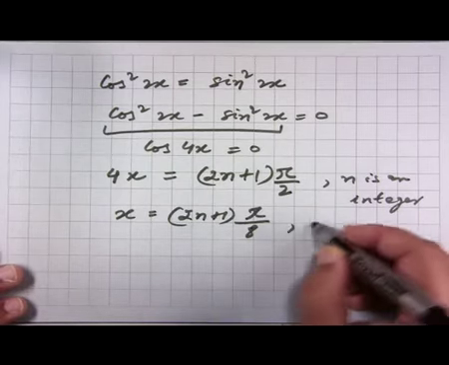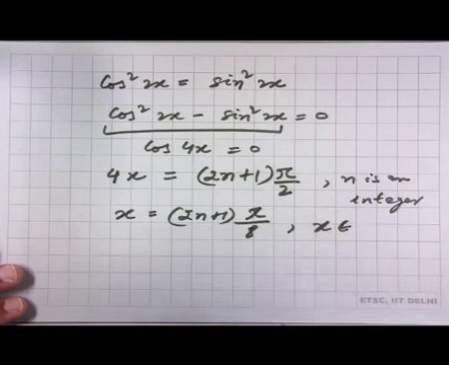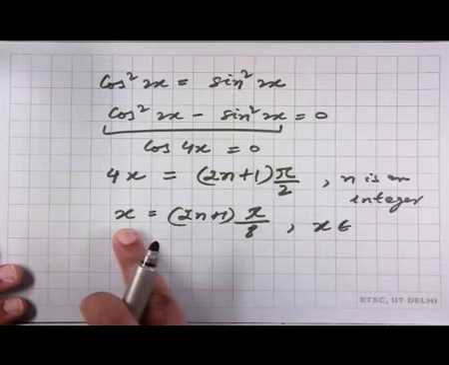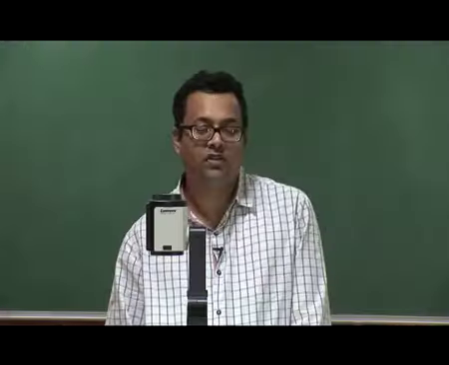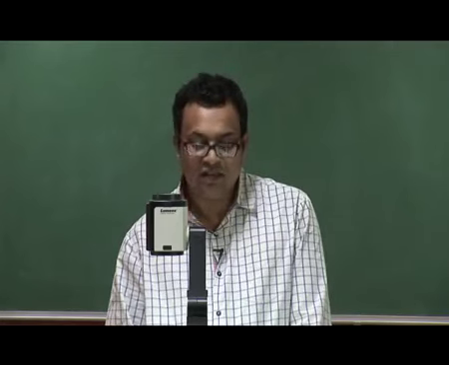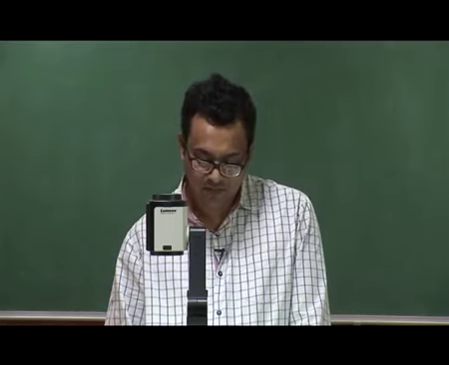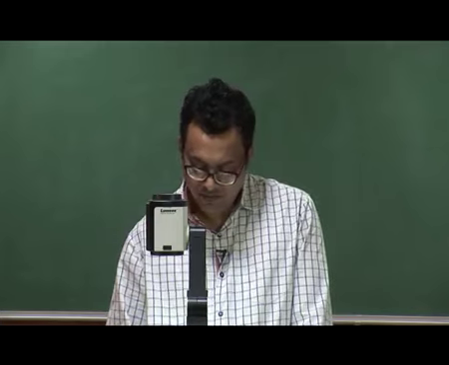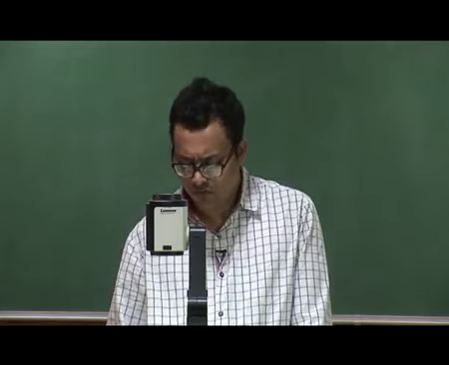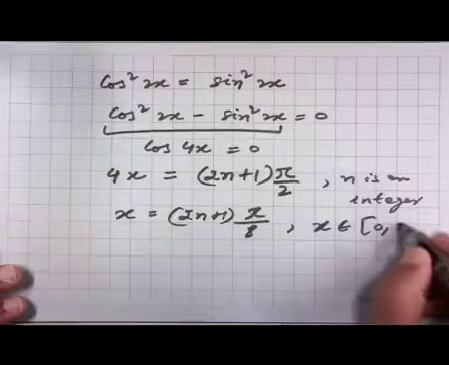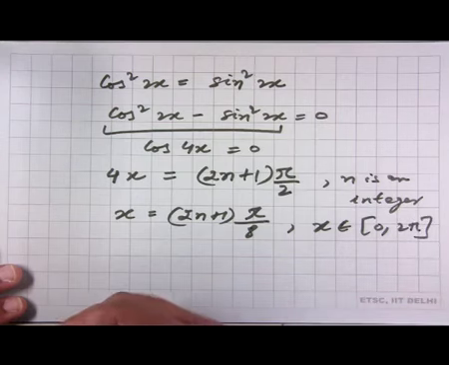So, this is the general solution. So, we can take n to be any integer, we will get infinitely many different solutions to the trigonometric equation, but we are only interested in those solutions which lie in the closed interval 0 to 2 pi.